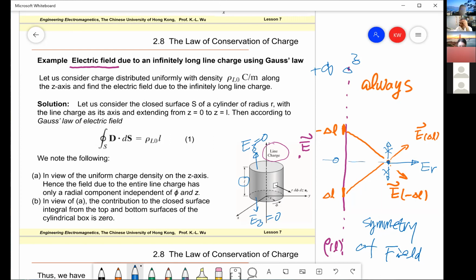That is the only field we have. Then we can think about Gauss's law.